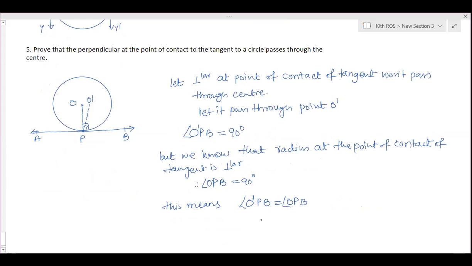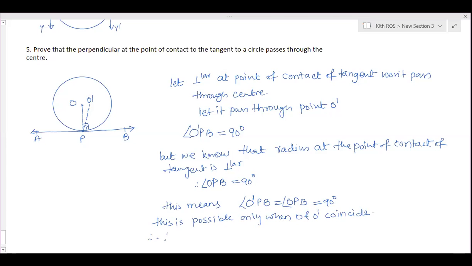When will it be possible? No, ma'am. Coincide only it's possible. When the points coincide. Yes, this is possible only when O and O dash coincide.